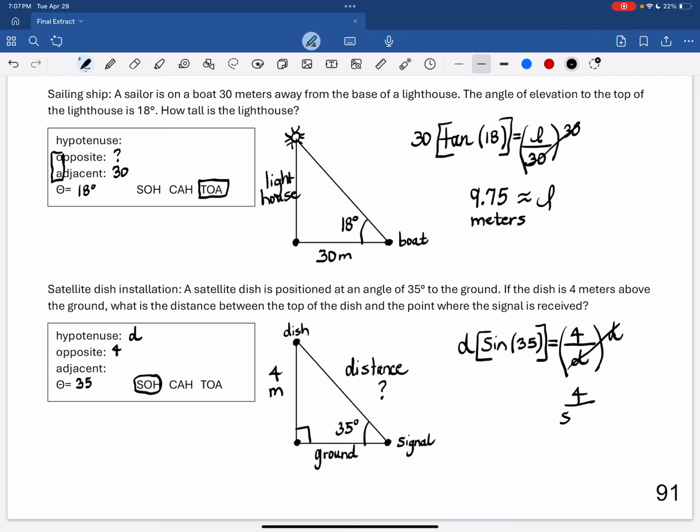And then we have to divide out sine 35 to get it away from the d. So d is going to be approximately about almost 7, but we're rounding to hundredths on this one. So 6.97 meters for that distance.